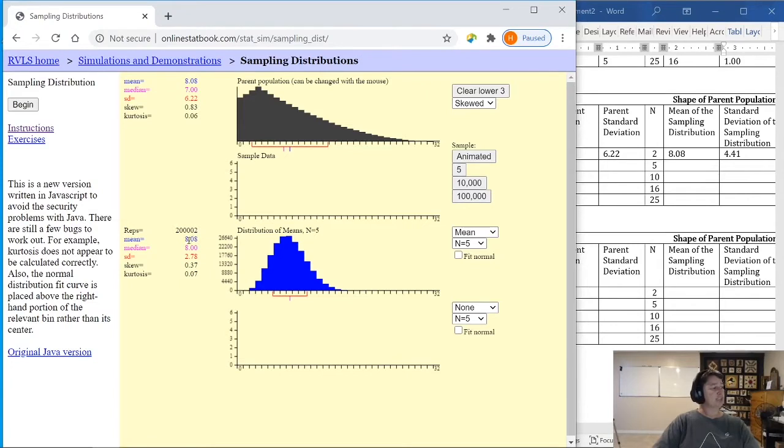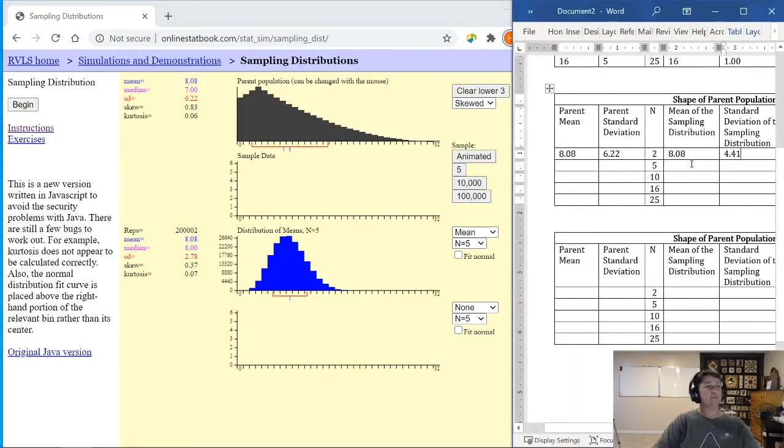And if we look at that sampling distribution, my mean is still right there at 8.800, but my standard deviation now is 2.7800. But my parent was still 8.800 and 6.2200.